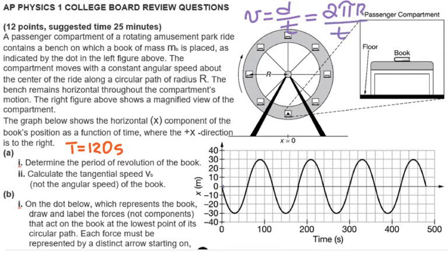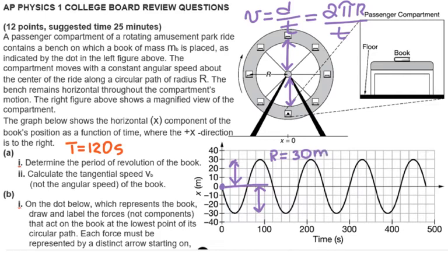And the book goes from its equilibrium this distance up and this distance down. So that looks like the radius of the motion is equal to 30 meters.